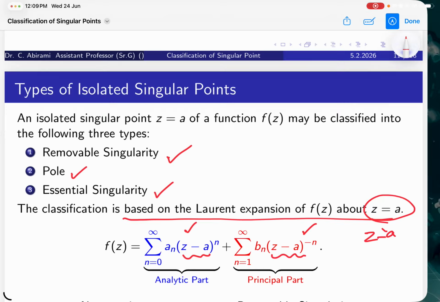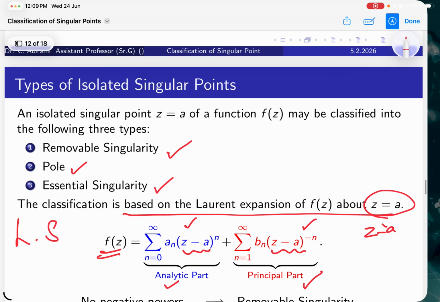So here the positive powers of z minus a we can call the analytic part. Negative powers of z minus a in the Laurent series expansion we can call the principal part.